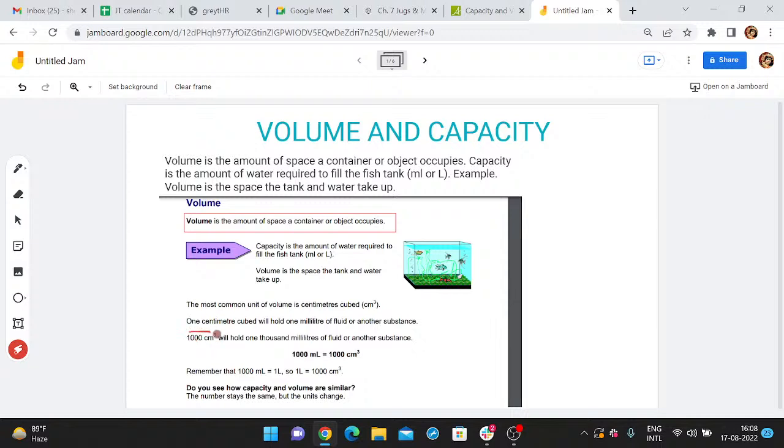So 1 centimeter cubed will hold 1 milliliter of fluid or another substance. Now they are clearly saying, first of all, can anybody tell me how do we write milliliter? Like for example, liters is written in L, capital L. How do we write milliliters?